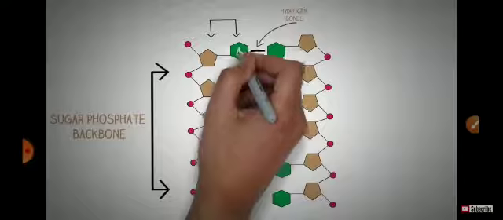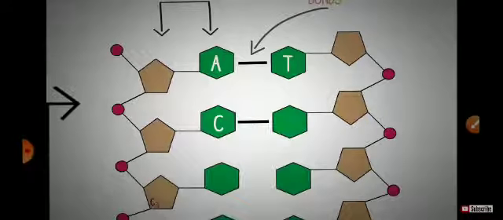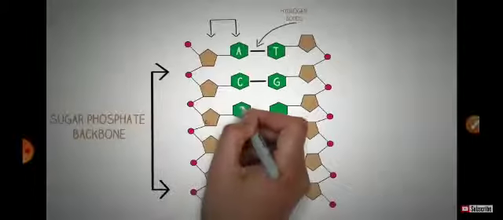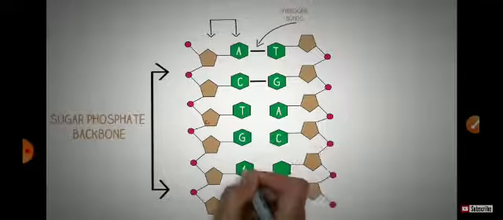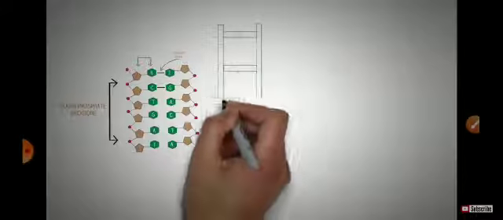So between A and T there are two bonds, and between G and C there is the presence of three bonds. And these bonds which are present are hydrogen bonds, and hydrogen bonds can be easily broken down.